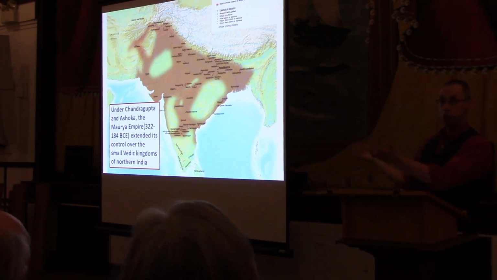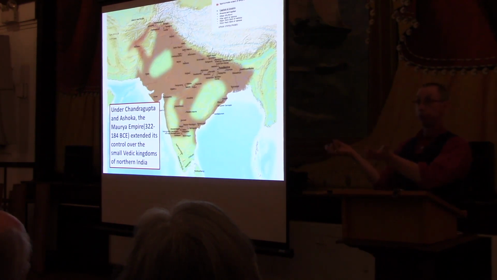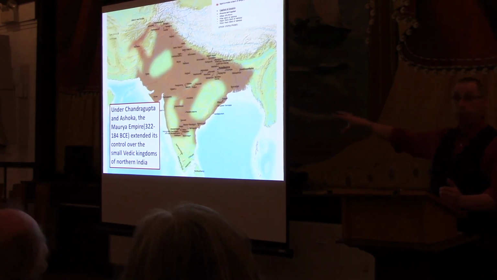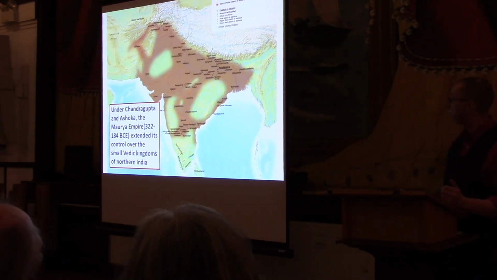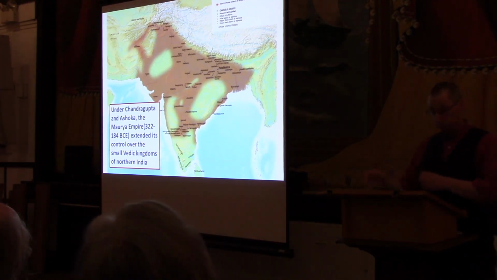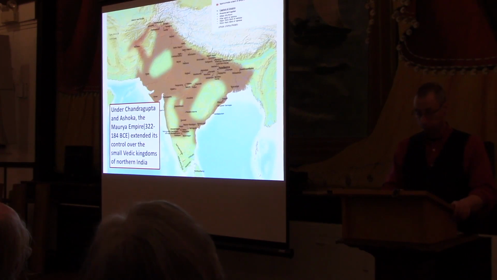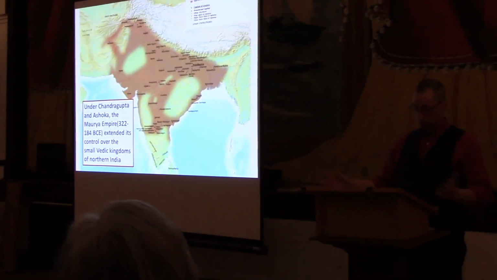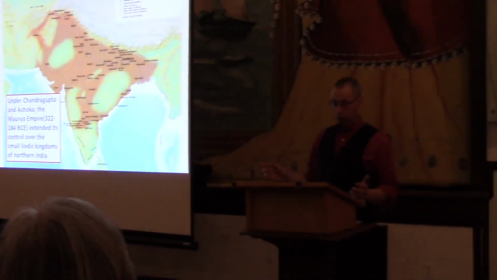In other words, you get control of the Indus and Ganges valleys, the really fertile parts of India, and then you advance southwards from there. So an Indian empire of a couple of hundred years is a sort of spin-off from this.